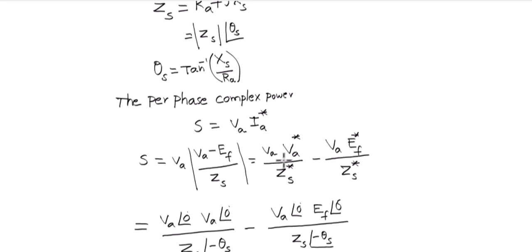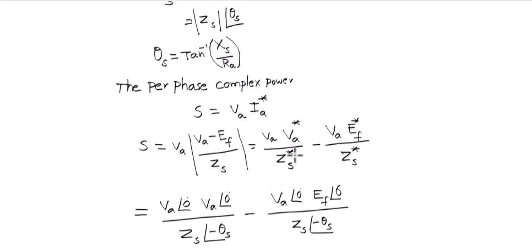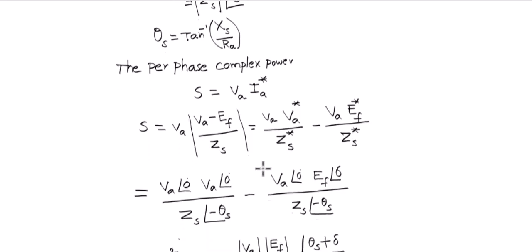And this can be further simplified like this: VA into VA star, here star should be there, divided by ZS star. Similarly, VA into EF star divided by ZS star. So ZS star means complement of ZS.